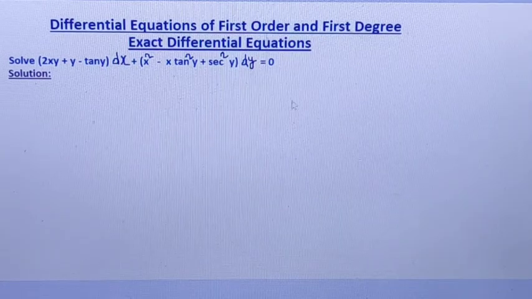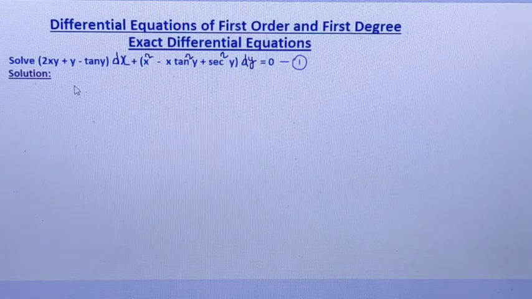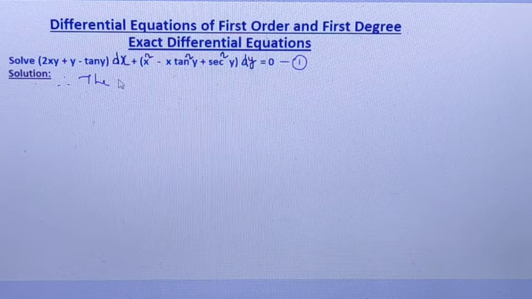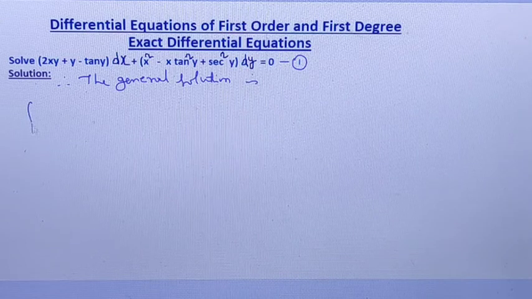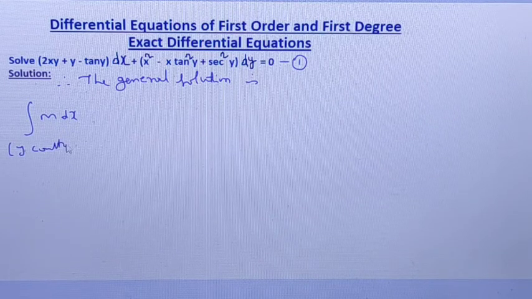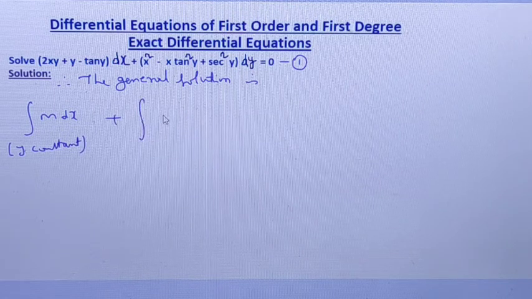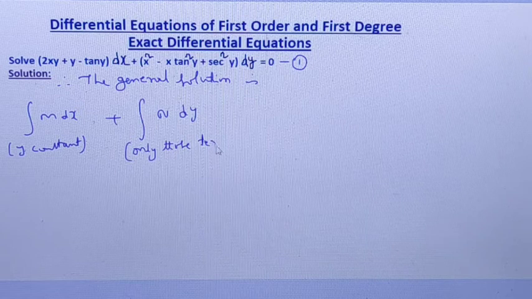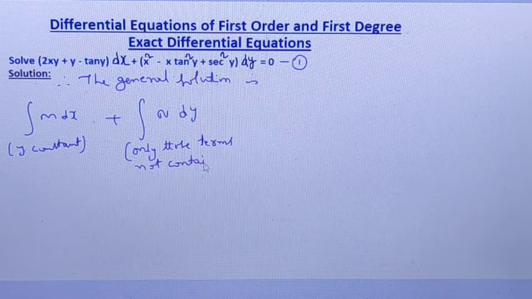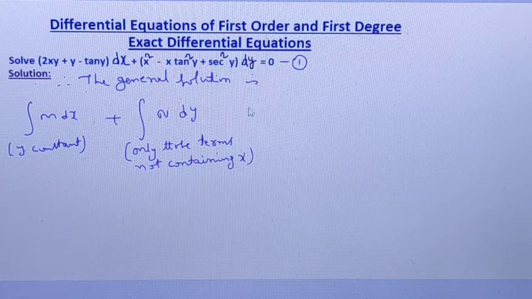Now since the given equation 1 is an exact differential equation, the general solution is given by the integral of M dx, where y is constant, plus the integral of those terms of N not containing x, is equal to c.